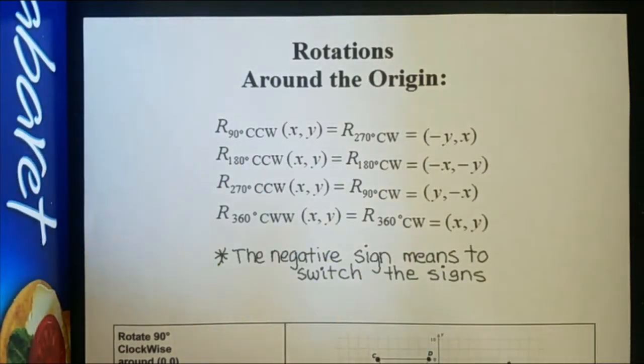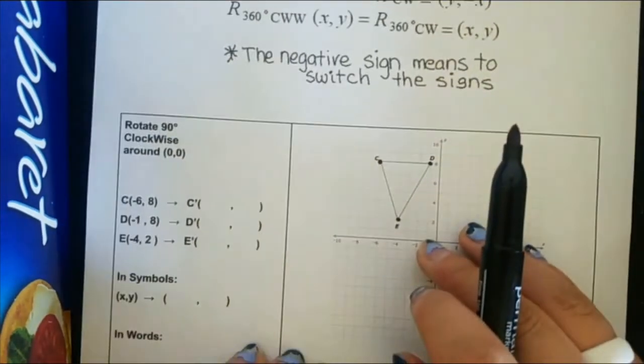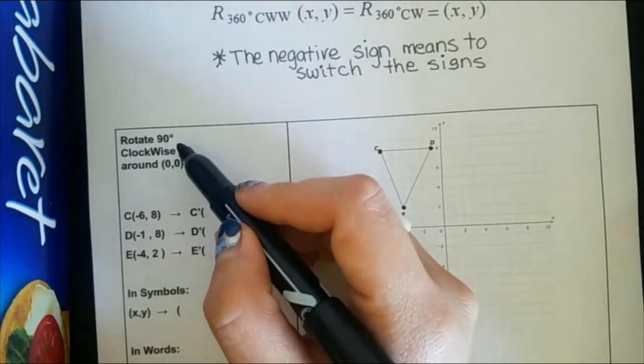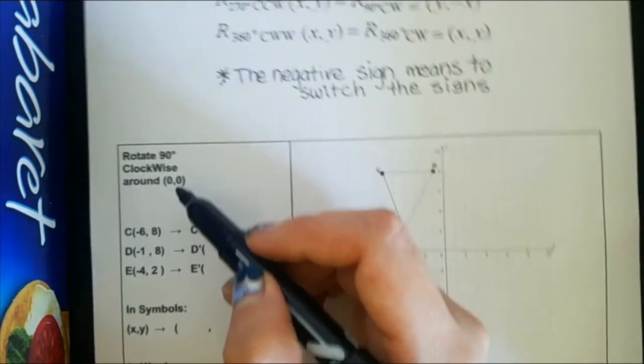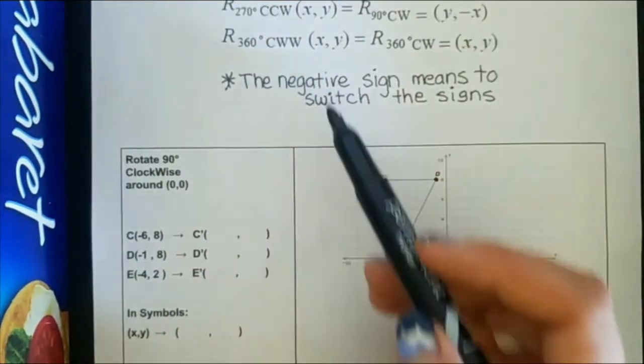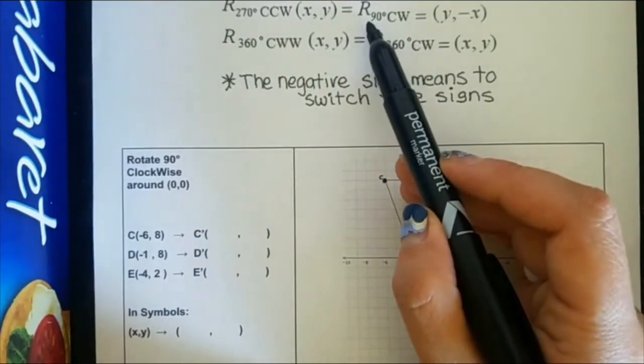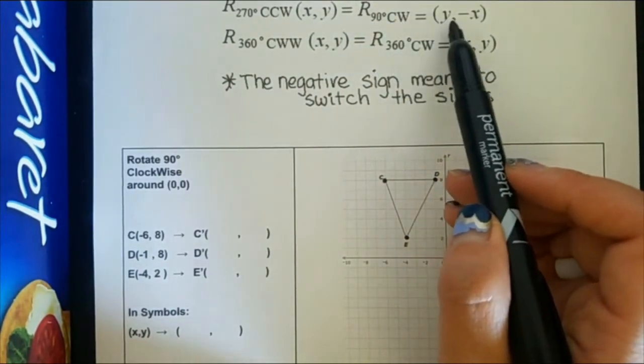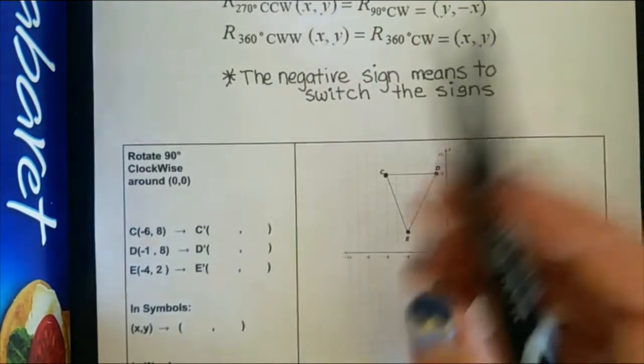So let's say that we didn't have tracing paper and we wanted to do it algebraically. We want to rotate this figure 90 degrees clockwise around 0, 0. So we look for that rule here, and we have it right here: rotate 90 degrees clockwise, and our rule is y, comma, negative x.